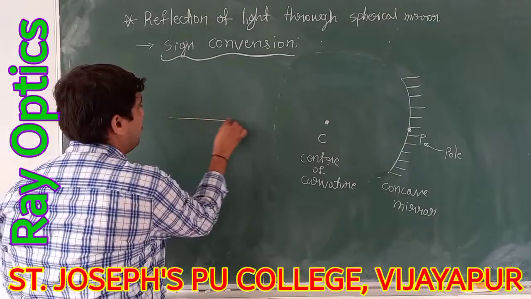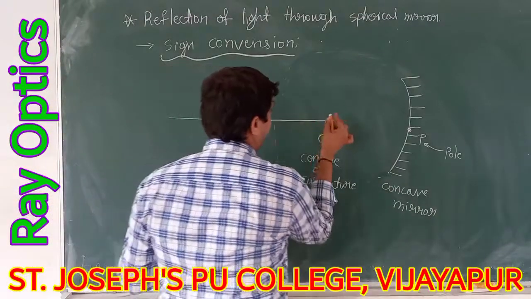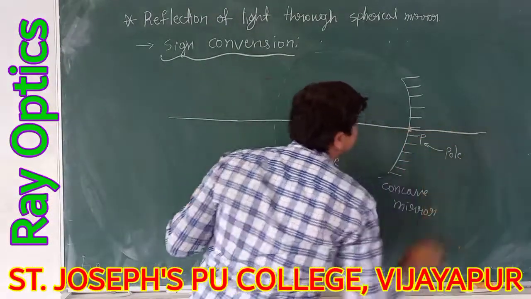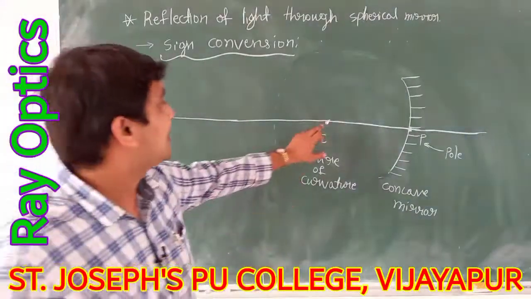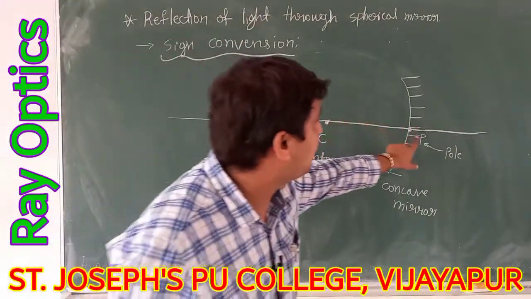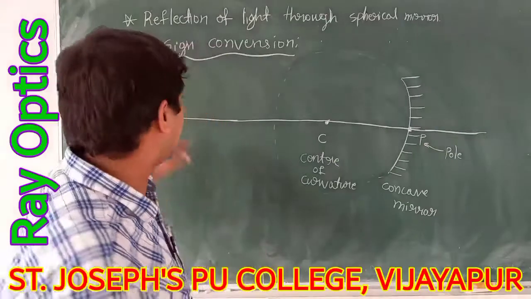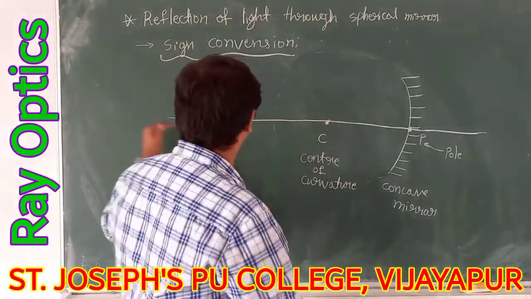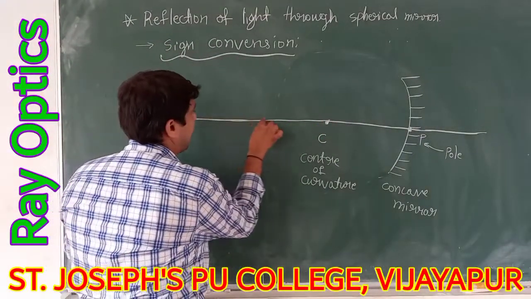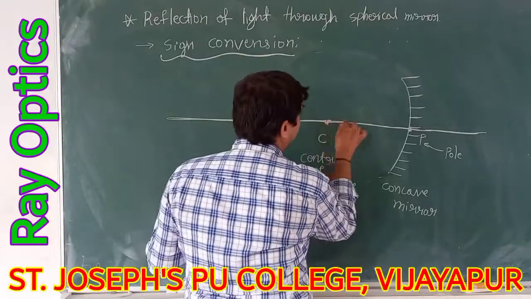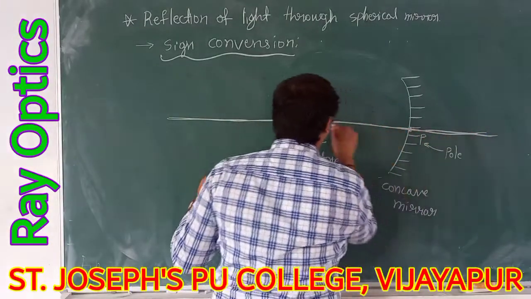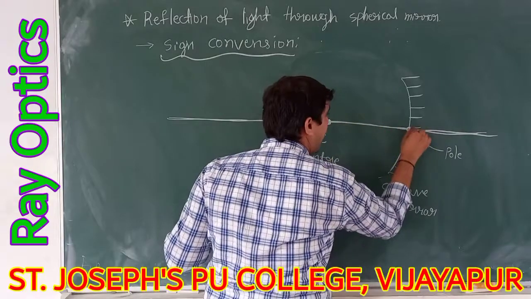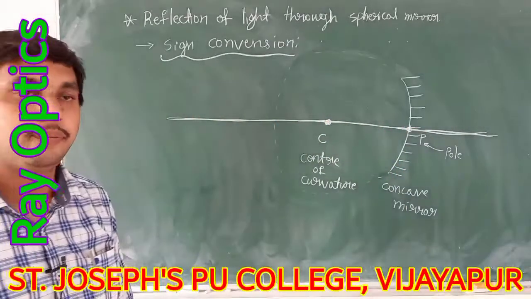Now you can consider an imaginary line which is passing through the center of curvature and the pole of the mirror. An imaginary straight line, just imagine that, a straight line which is passing through the center of curvature and the pole of the mirror.